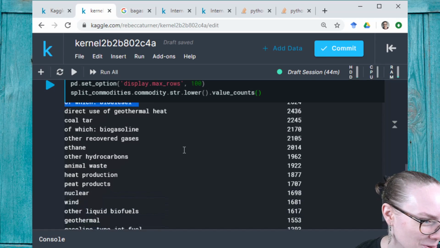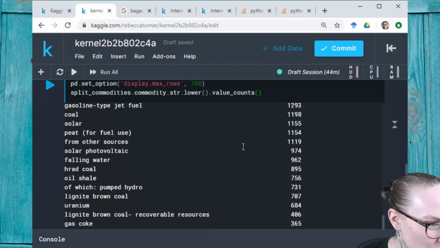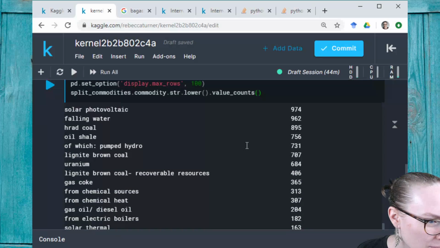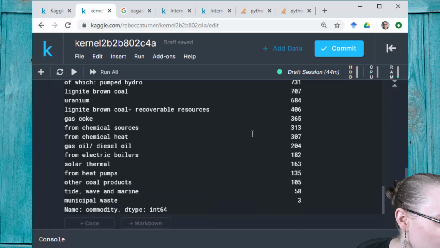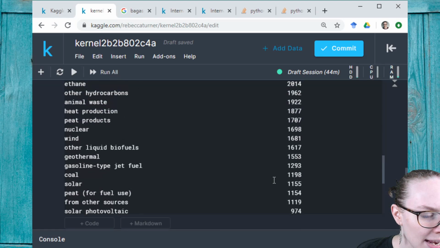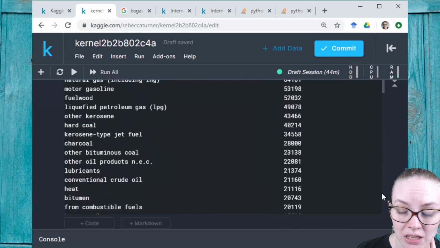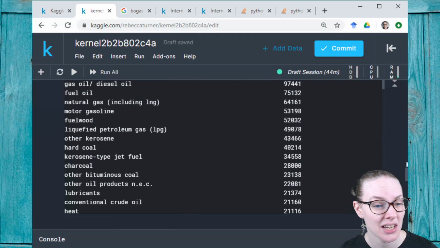Direct use of geothermal heat, of which biogasoline, other recovered gases, animal waste, coal, solar, peat, uranium, from chemical sources, from chemical heat, solar thermal, heat pumps, other coal products, municipal waste. I actually don't see anything here that obviously looks like a problem to me. This actually looks all pretty good.